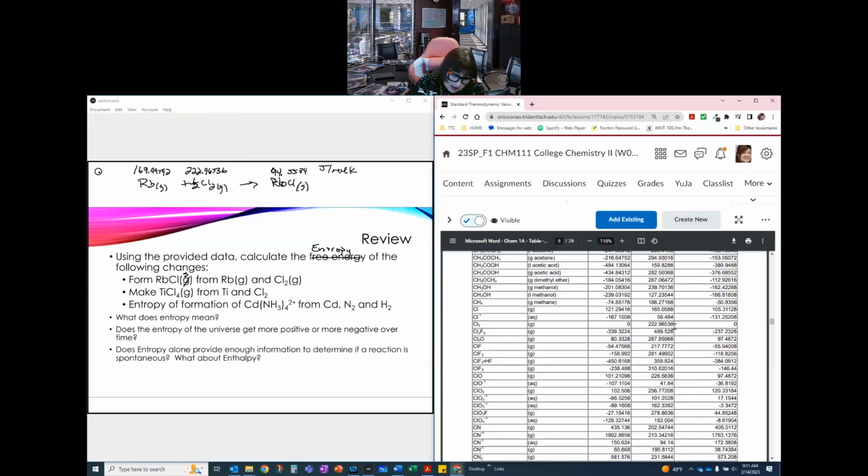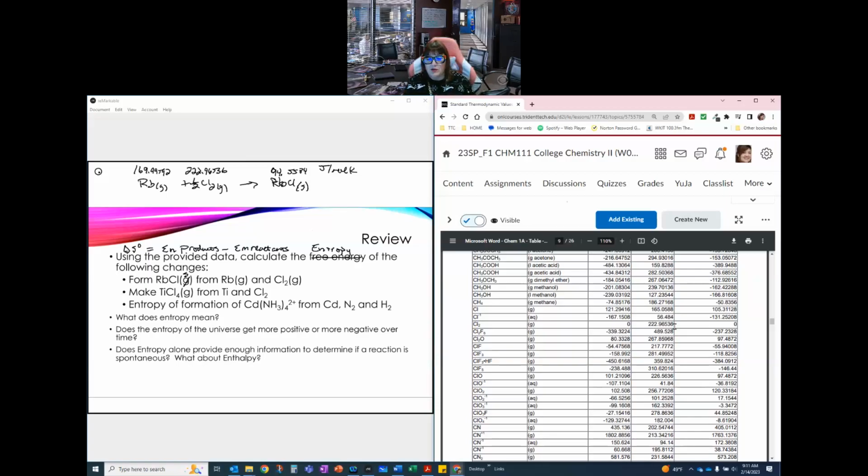Okay, and again, my equation for this is the sum of the number of moles times the values for the products, minus the sum of the number of moles times the value for the reactants, and that's my delta S naught.